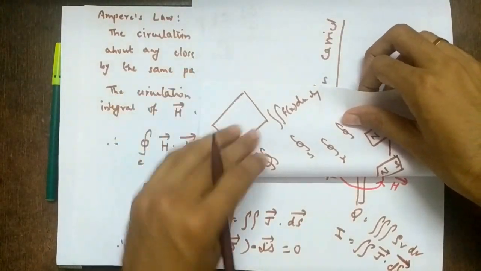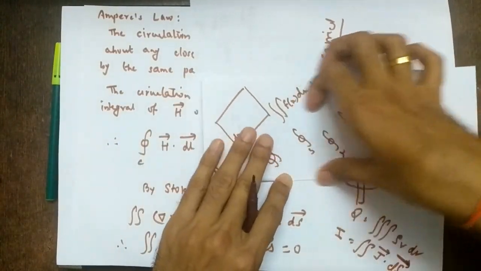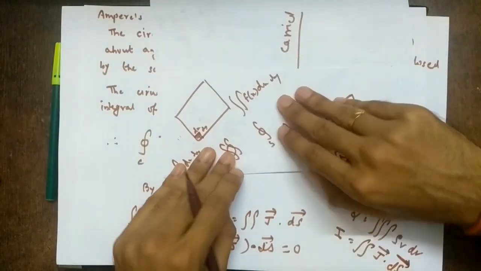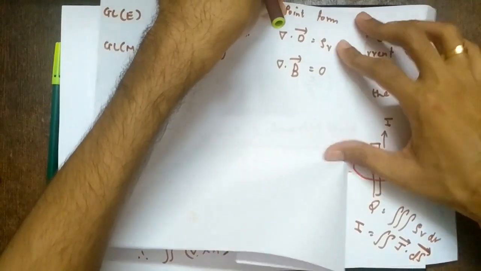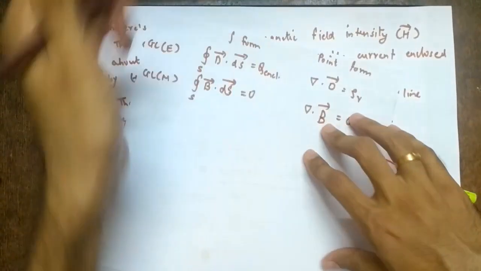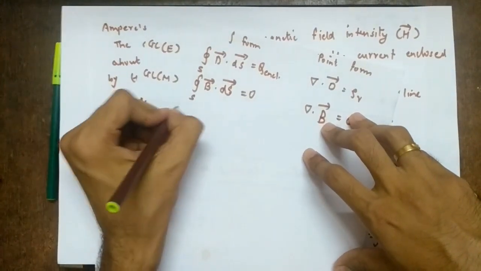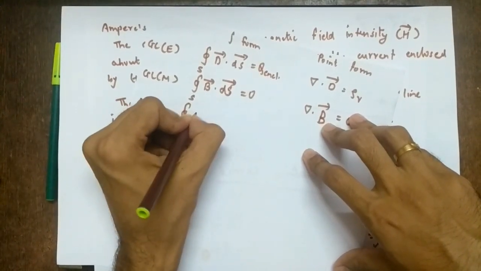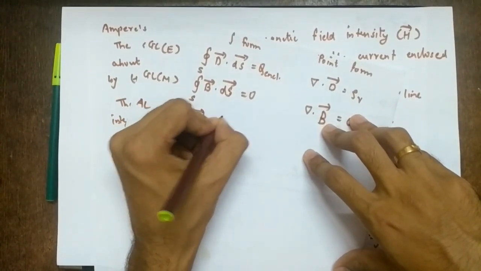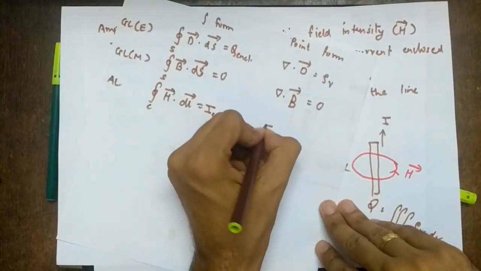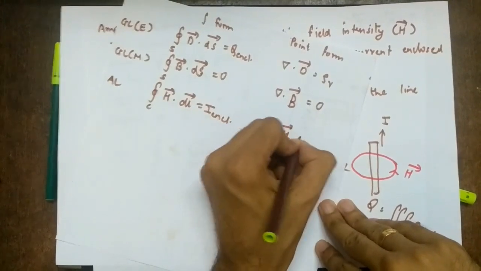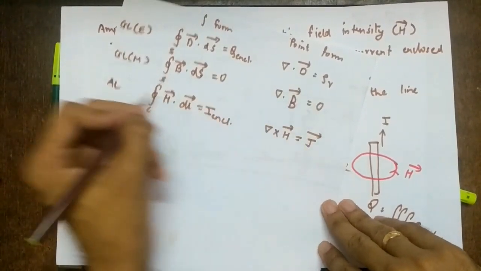So again, we have got the next form. Ampere's law: the integral form is closed contour integral of H vector dot dl vector equal to I enclosed. The point form is del cross H vector equal to J vector, right?